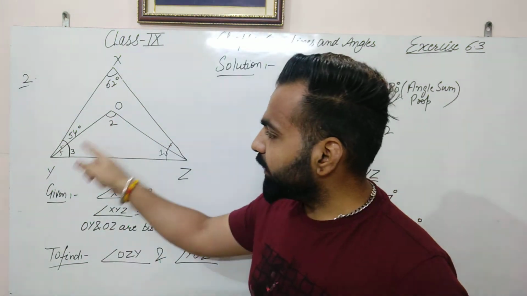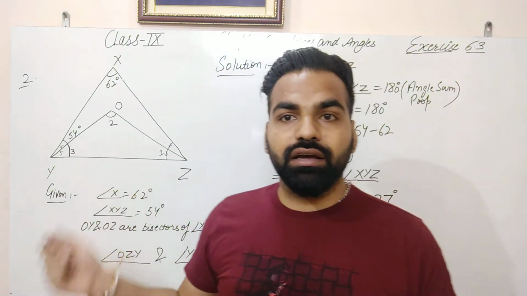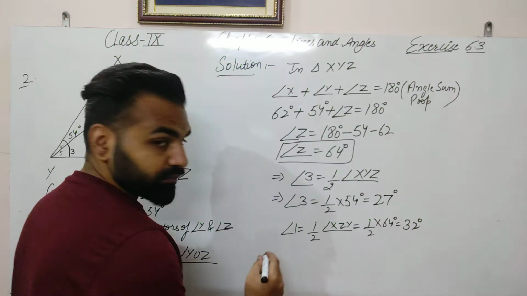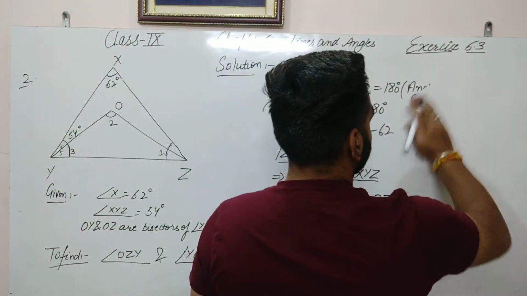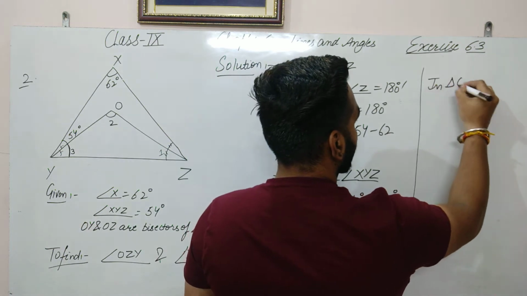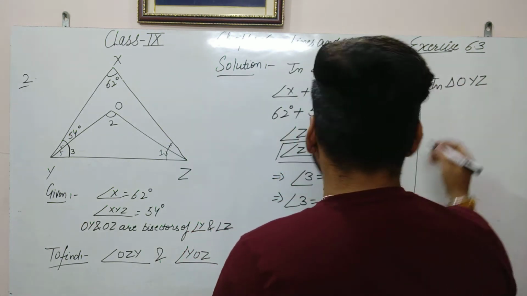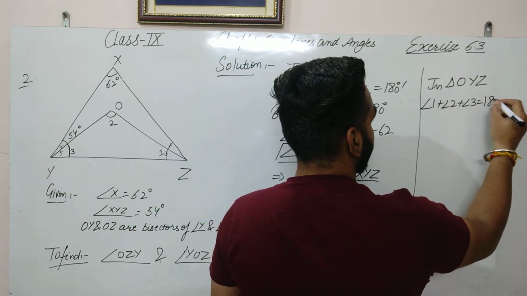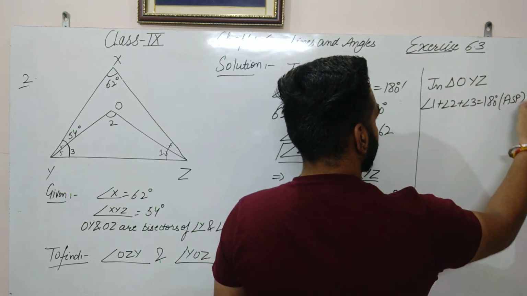So see, in triangle OYZ we can again apply angle sum property. So we will write, in triangle OYZ, angle 1 plus 2 plus 3 is equal to 180, angle sum property.